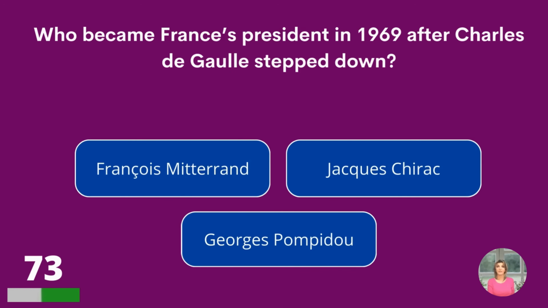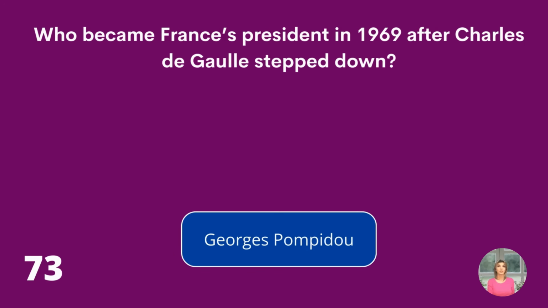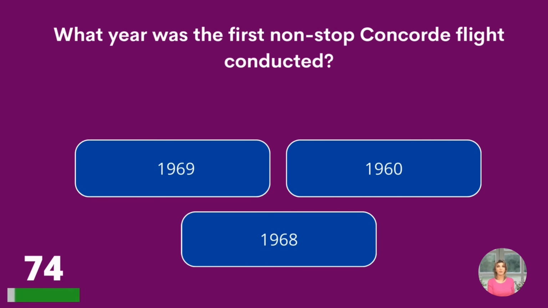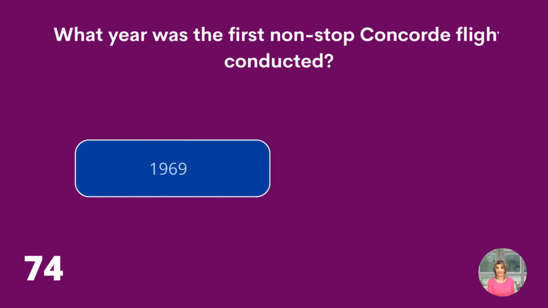François Mitterrand, Jacques Chirac, or Georges Pompidou? Georges Pompidou. What year was the first non-stop Concorde flight conducted? 1969, 1960, or 1968? 1969.